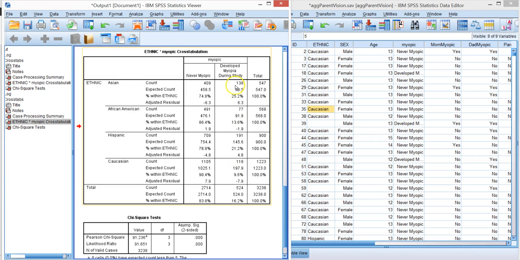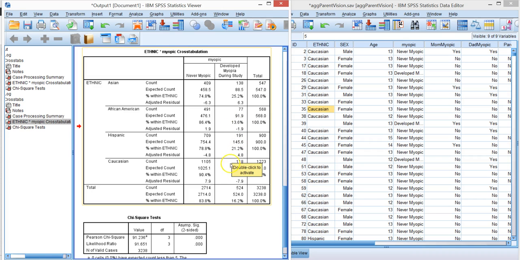So Asians with this 6.3, for those who develop myopia, they're 6 standard deviations out, or 6 z-score units out, and would be considered very significant. And then the -1.9, so African Americans don't really differ from chance.